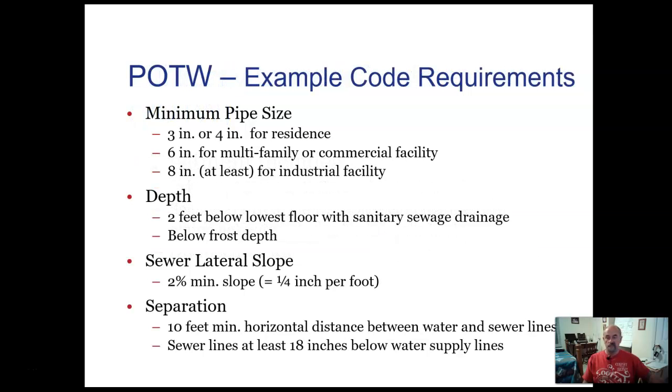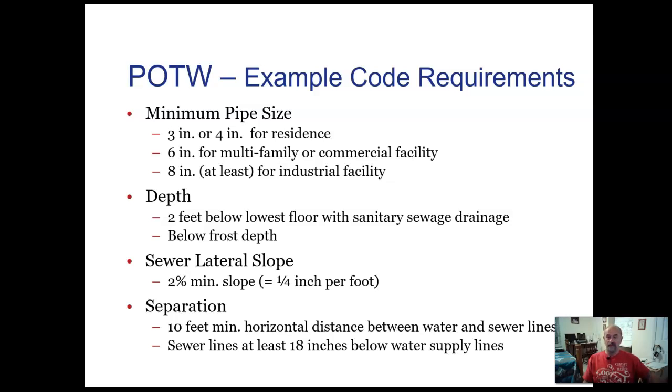Minimum pipe sizes: 3-inch or 4-inch for a residence, 6-inch for a multi-family or a commercial facility, and then 8-inch minimum for industrial facilities. The depth: 2 feet below the lowest floor with sanitary sewage drainage. And it's got to be below the frost depth, which makes it even lower in northern states.